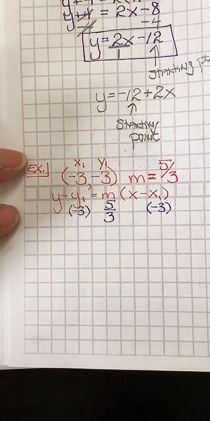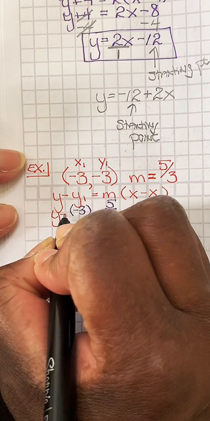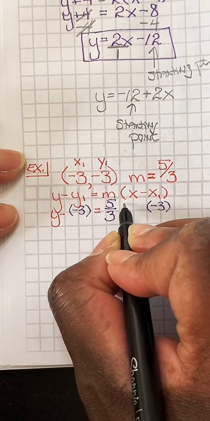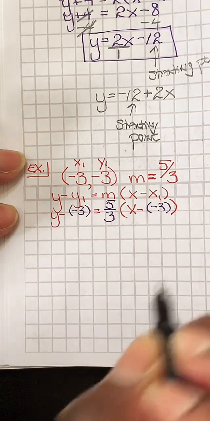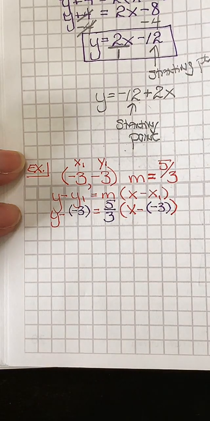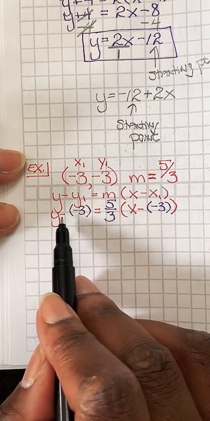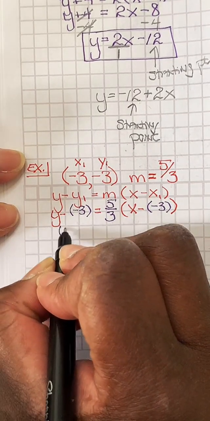Guys, breathe. Just relax. All right, so we got y minus, we have our equals, we have our x minus. So now, we are minusing a negative. When you minus a negative, it turns positive.